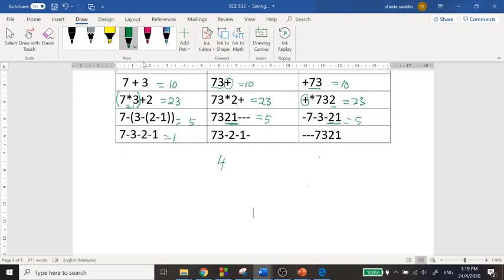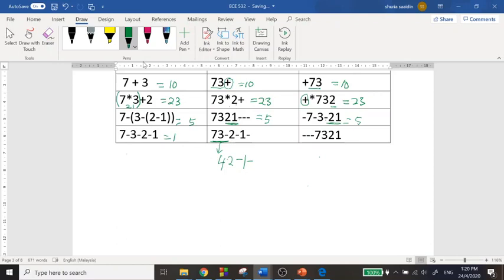Okay, so we have finished with 7, 3 and minus. And then we go to the next one. The next one is an operand, number 2. Then let me copy it first. So we are left with this. Then we move to the next element.